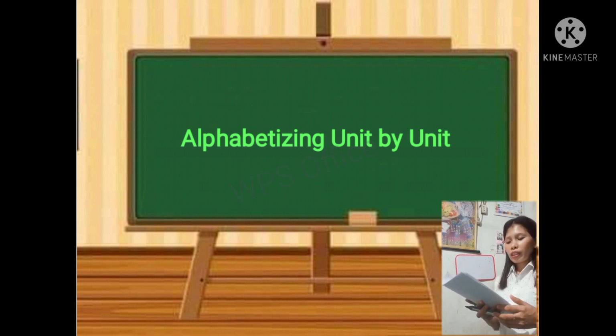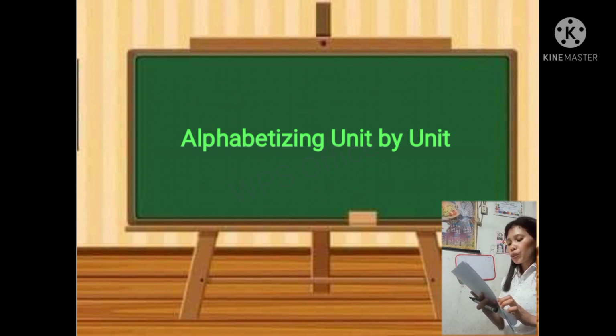Alphabetizing unit by unit. The first step in alphabetizing unit by unit is to alphabetize the first unit, so the names under the first unit are in alphabetical order.